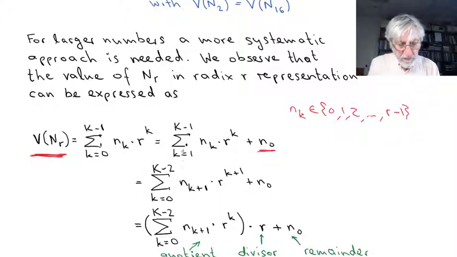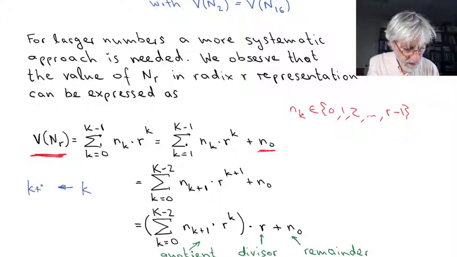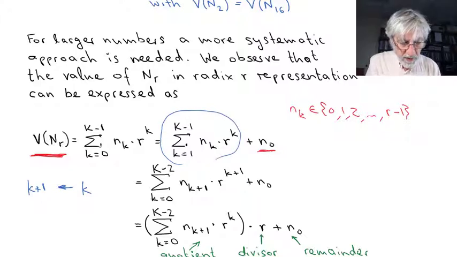And then we make a change of variable so that we go from k equal to 1 up to capital K minus 1, to k equal to 0 up to capital K minus 2. So basically what we do here is we let k become k plus 1 in our change of variables. And so now we can write this summation here as k equal to 0 up to capital K minus 2 of n sub k plus 1 times r to the k plus 1.